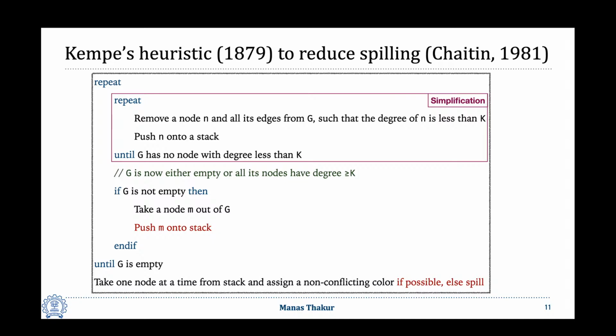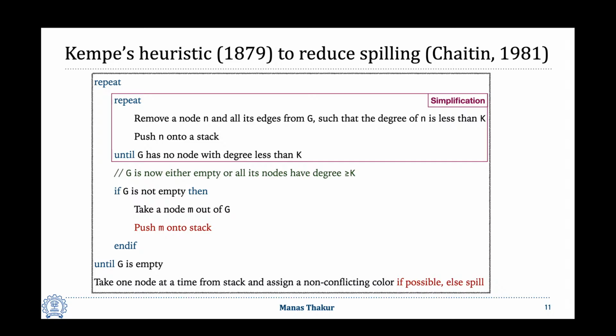What's the intuition? It's a very small change, and we will see that it allows us to color the previous graph. But what's the intuition behind this? Can you think? We were marking a node for a spill too early in the previous version. We were being too conservative. As soon as something has degree greater than or equal to k, we took one node and marked it for spilling. But it's possible that it doesn't need to be.